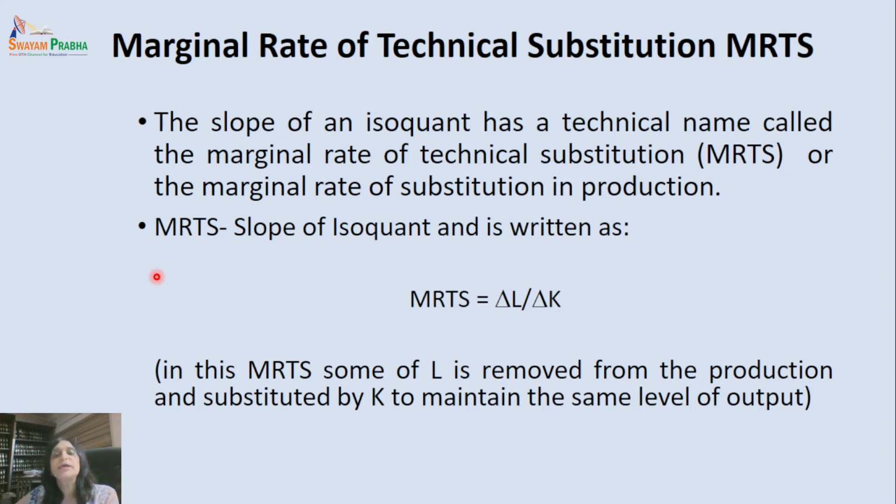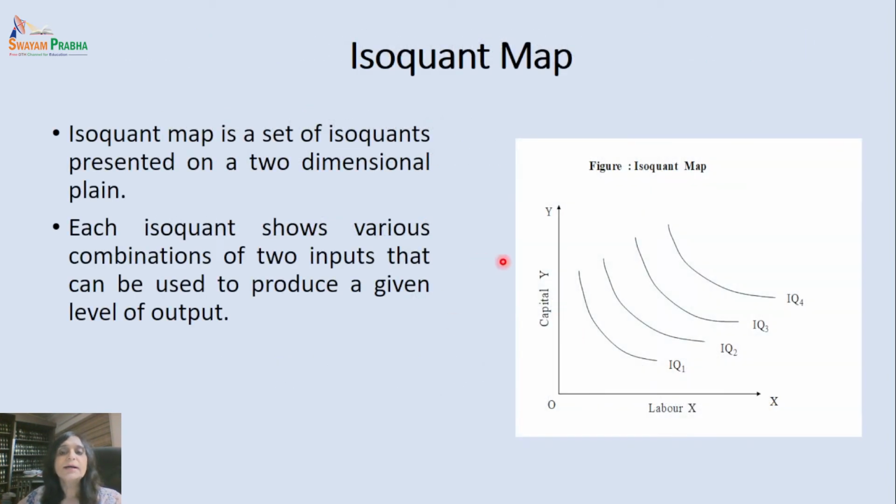That change, which is the change in one input divided by the change in the other input, is called the marginal rate of technical substitution. ΔL/ΔK, we also say, is the marginal product of labor divided by the marginal product of capital. Okay. Now this particular figure that you see is indicating an isoquant map.